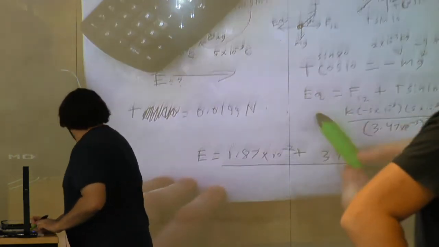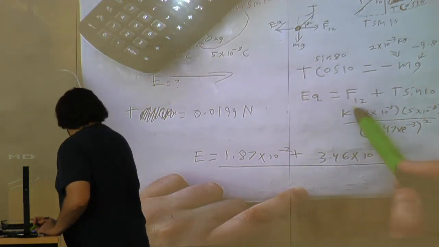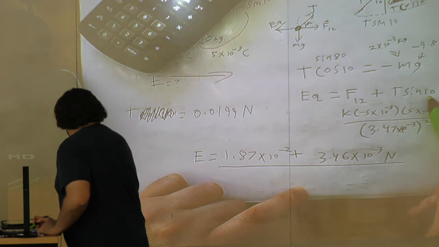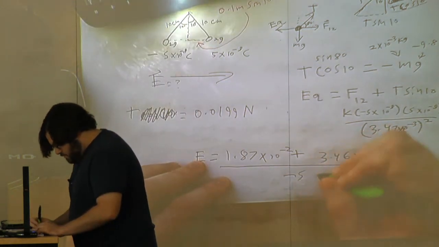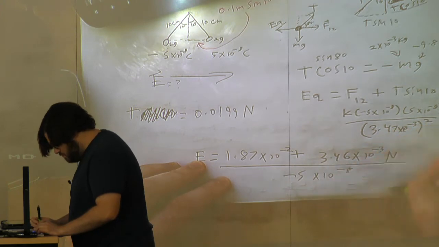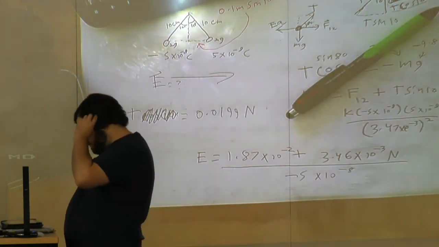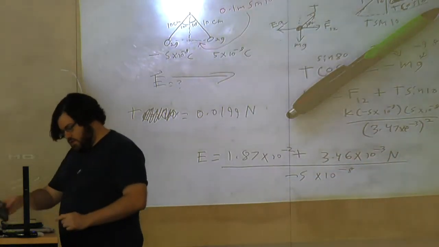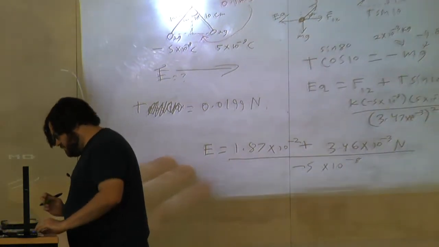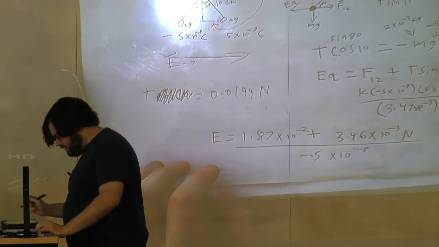Now, because EQ is equal to F of 1 2 plus T sine 10, I'm going to divide by Q. All right, and I'm going to save you a little bit of time watching me plug stuff into a calculator.